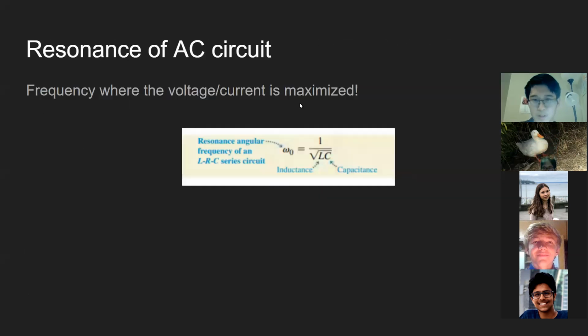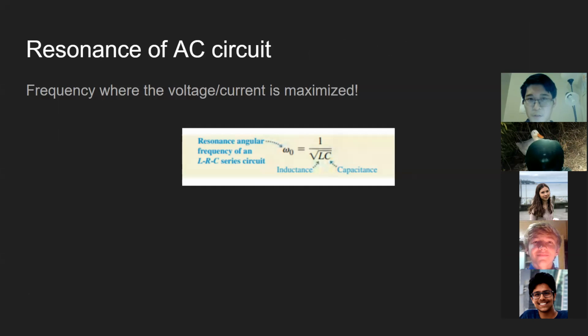Remember what Stephen said: the resonance of an LC circuit is 1 over the square root of LC. So if the driving frequency equals this resonance frequency, you're going to have the maximum voltage and current. That's what resonance means.